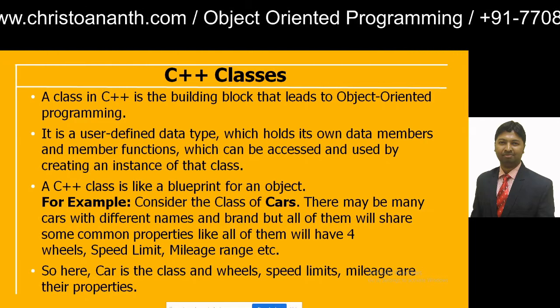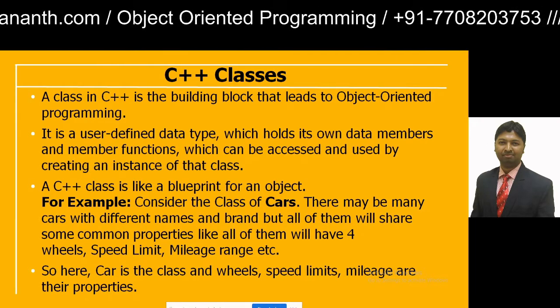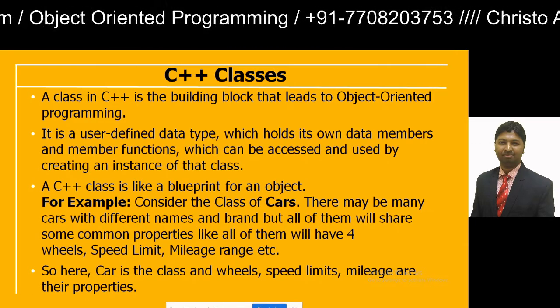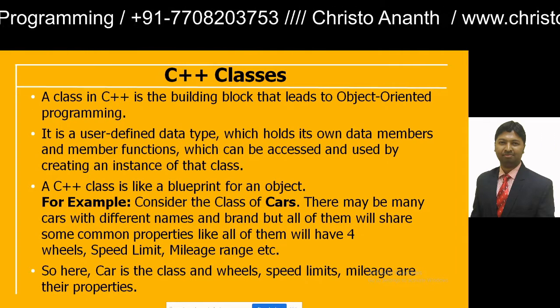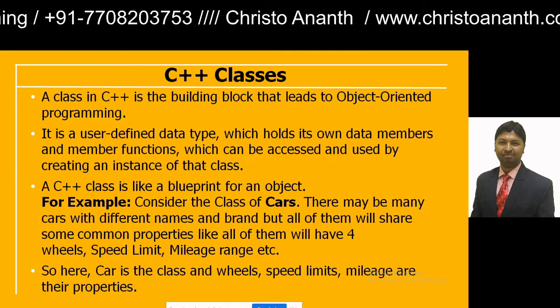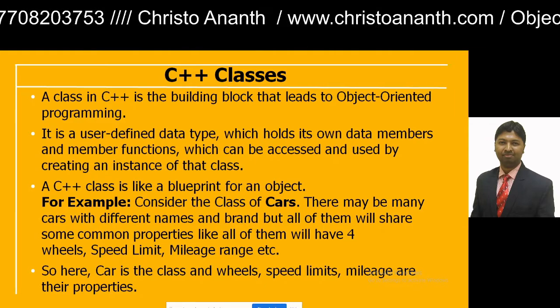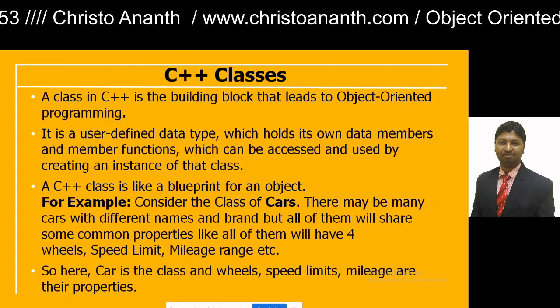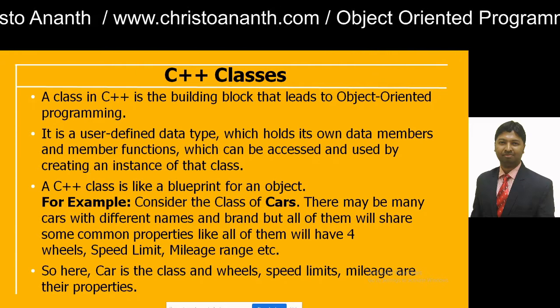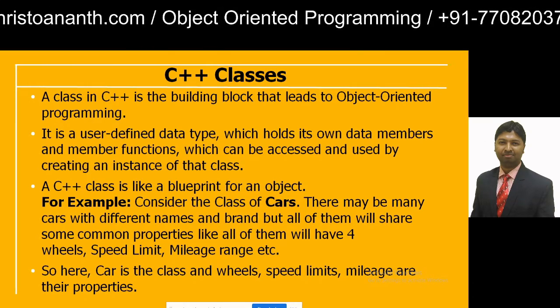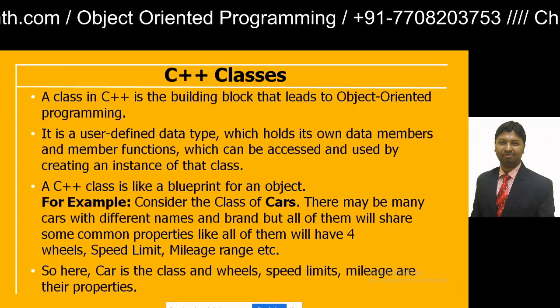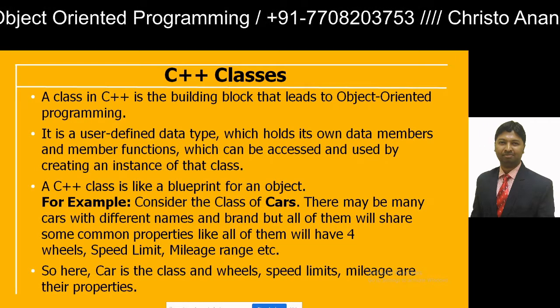Consider the class of cars. There might be different cars with different names, with different brands, but definitely every car will have its properties. Like it will have 4 wheels, it will not have 2 wheels. There is no car which has 2 wheels. Every car has 4 wheels, and every car has a speed limit, the mileage, how much diesel it consumes, what is the make.